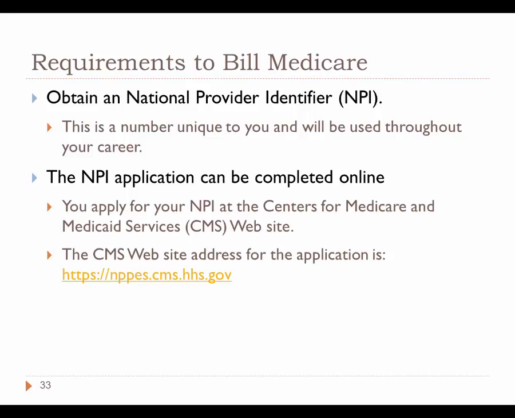In order to bill Medicare and other payers, you need to apply for a National Provider Identifier, or NPI number. Once you have an NPI, you will be ready to provide services and receive reimbursement for them. This link will take you to the Centers for Medicare and Medicaid Services site for an application.